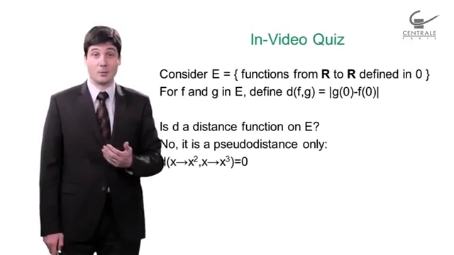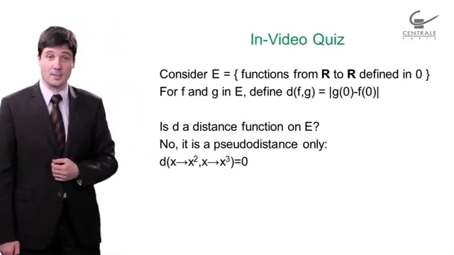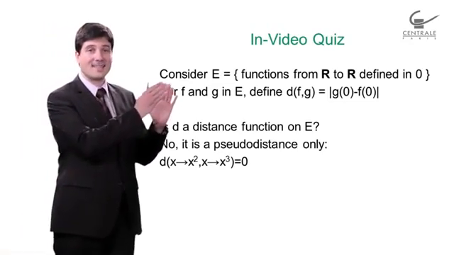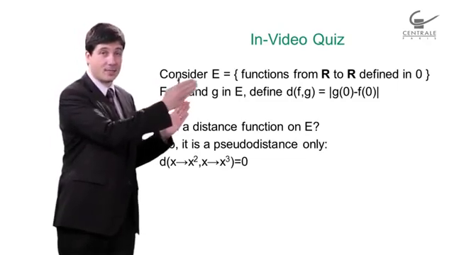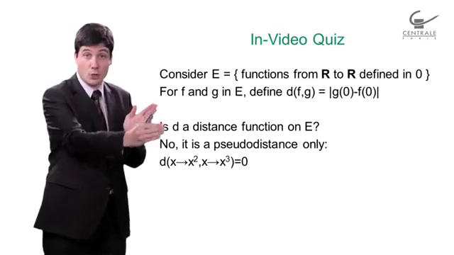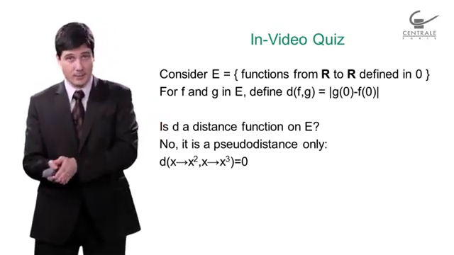Okay, the answer is no, it's not. It is a pseudo-distance because the distance between the function that maps x to x squared and the function that maps x to x cubed is going to be 0.